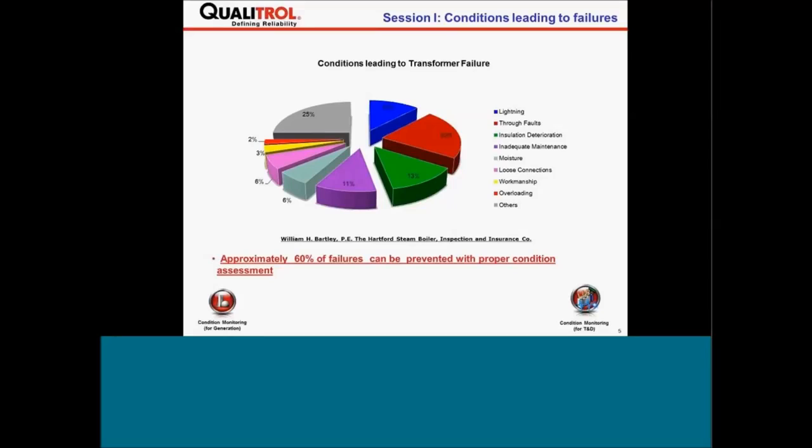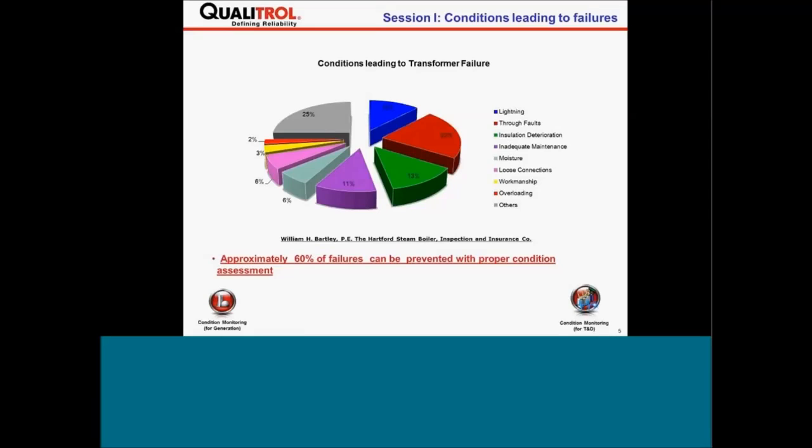Inadequate maintenance, moisture, loose connections, poor workmanship, overloading. These and others all lead to possible failure of the transformers.